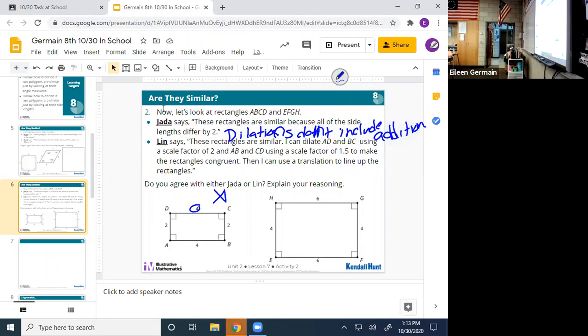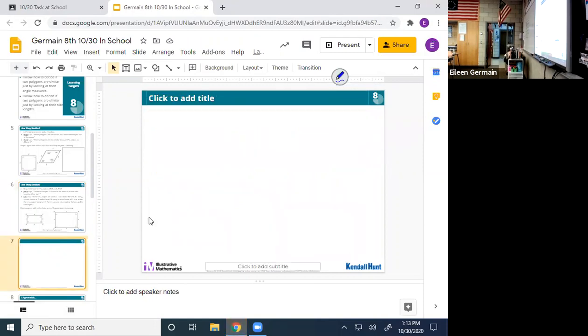So, like I said, I want to come onto a blank slide, and we're going to look at one more set of figures, just for about 30 seconds. I have a triangle here. No, I don't like that because it looks like an equilateral.